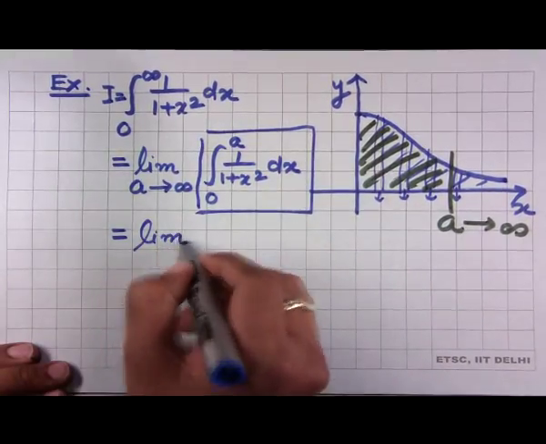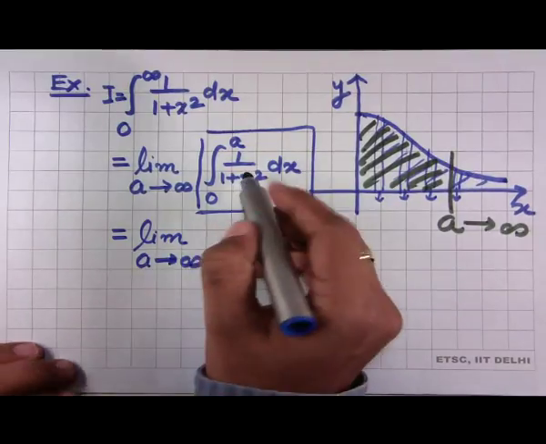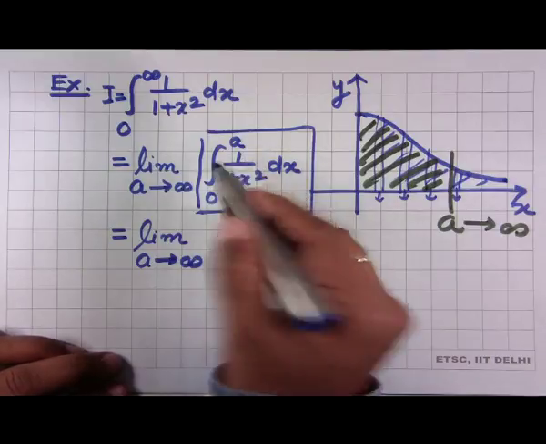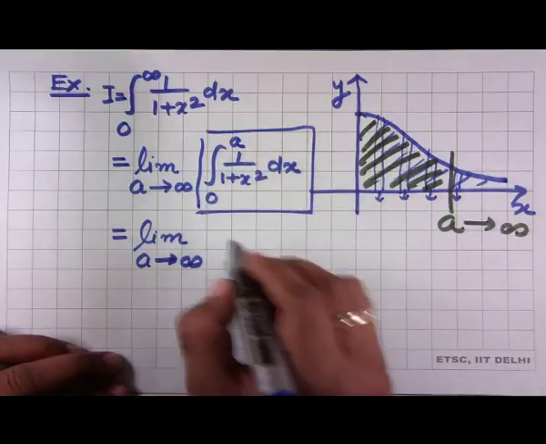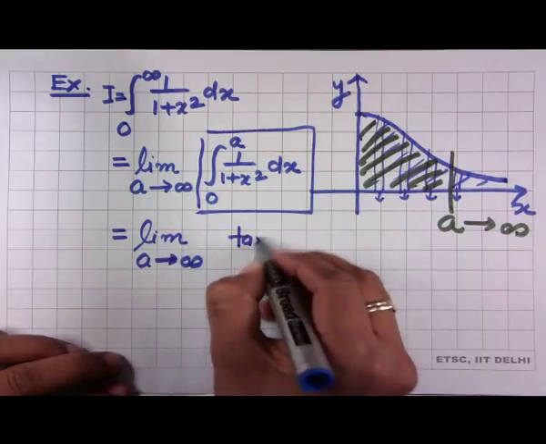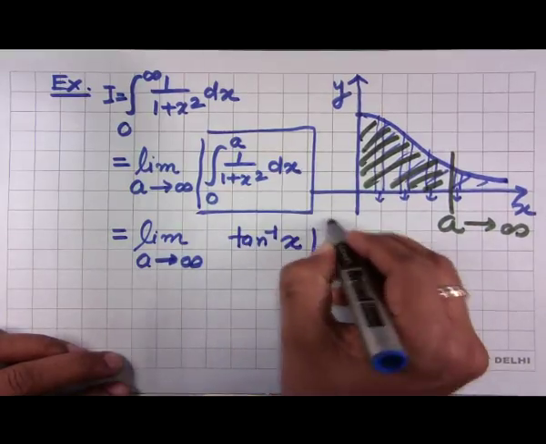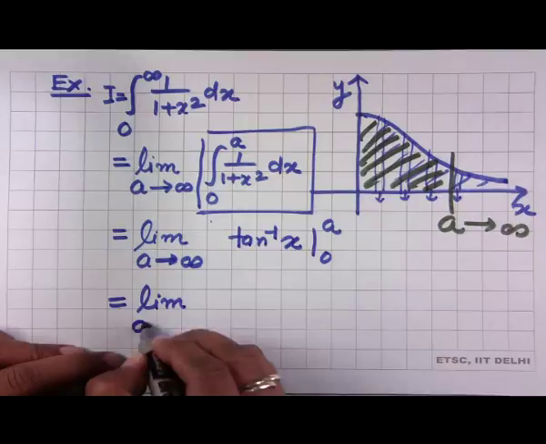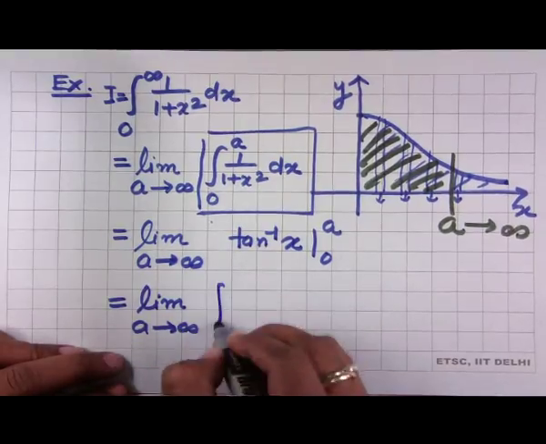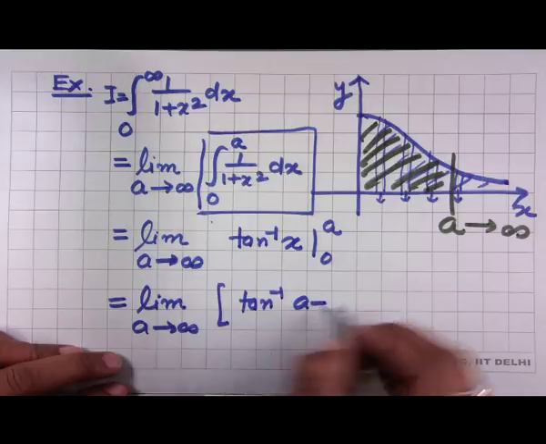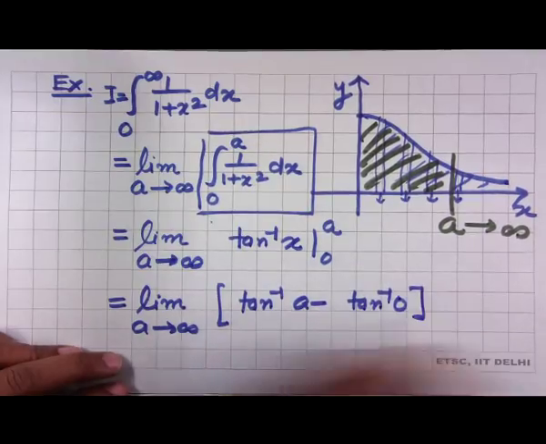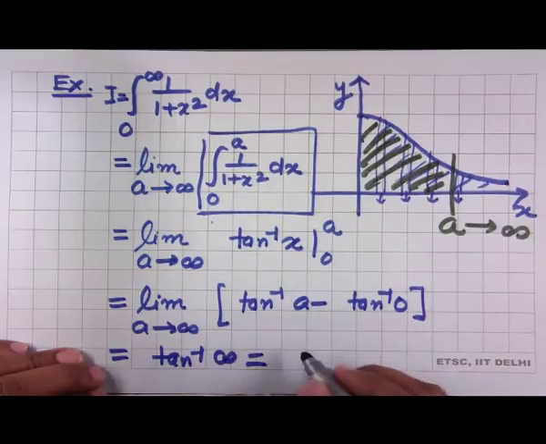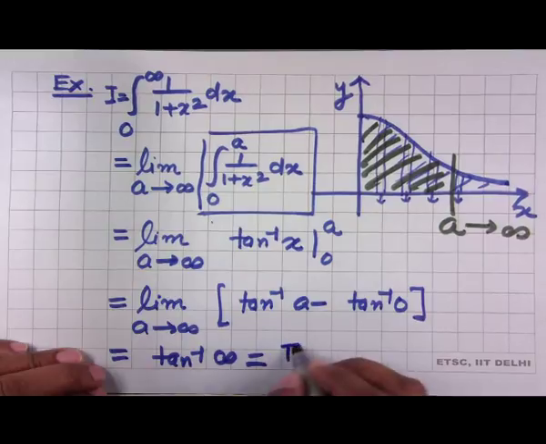So, if the interval is finite and the function is continuous, then by fundamental theorem of calculus 2, we can write the value of the integral as tan inverse x, which is the antiderivative. So, we get tan inverse infinity, that is pi by 2.